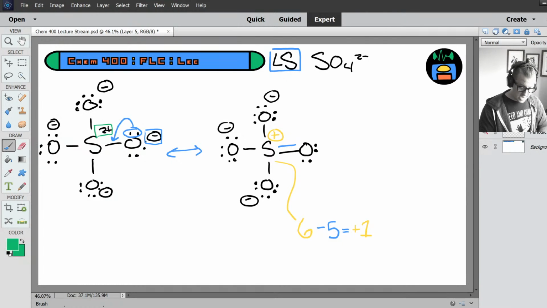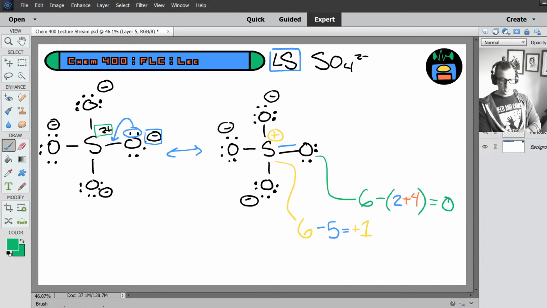When you look at oxygen, it has 6 electrons when it's neutral, minus 1 electron per bond, and it has 2 bonds, so there's 2 electrons from bonds, plus it has 4 electrons in lone pairs. 6 minus 6 is 0, so this oxygen has a formal charge of 0.